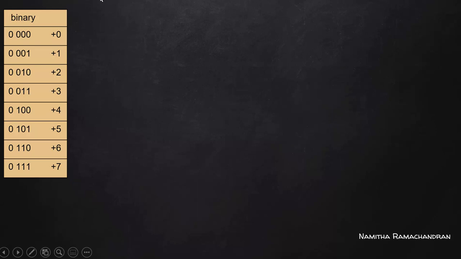This is the same in 1's complemented form, 2's complemented form, and also in signed magnitude form. The positive numbers are represented in a similar way in all three forms, with the sign bit, the MSB, as 0.